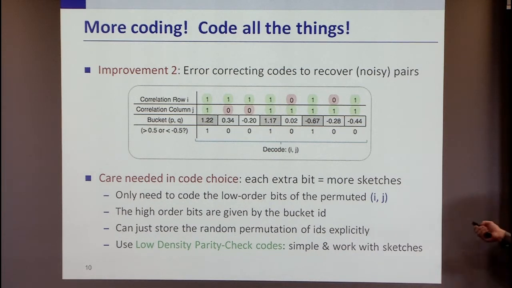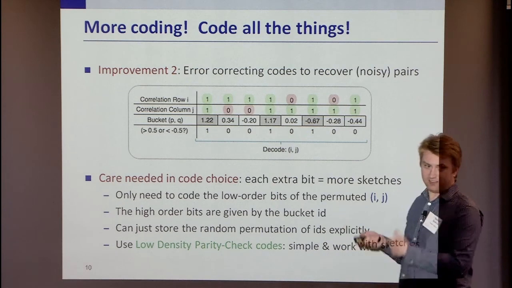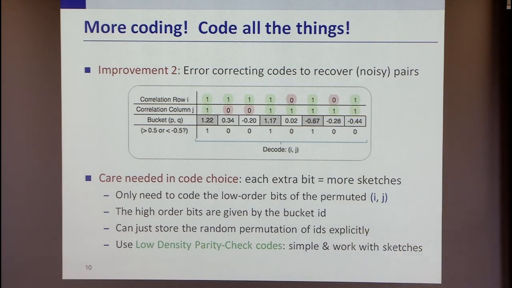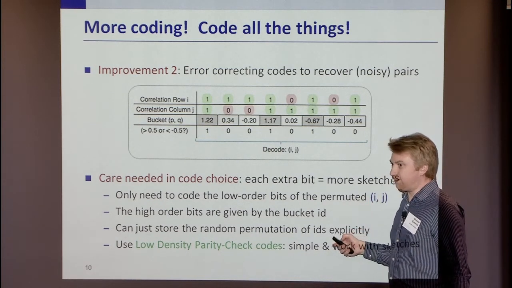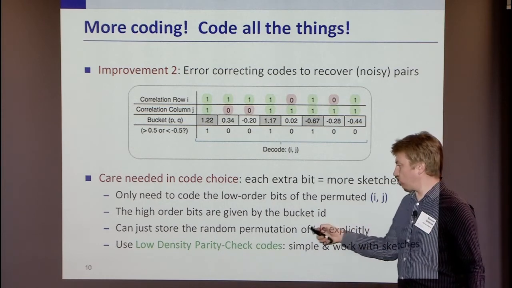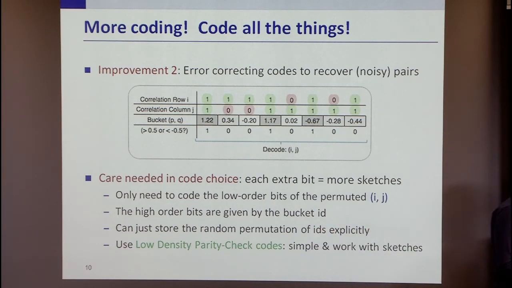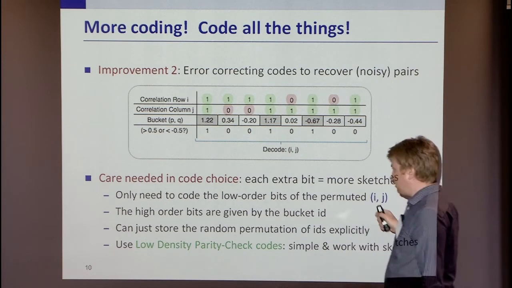Well, in that case, I don't actually need to code up the prefix, because everything in the bucket has the same prefix. I just need to code up the tail, the suffix, of what goes into the bucket. And then I can store the random permutation explicitly and retrieve the indices in the original indexing based on the reconstructed permuted index.